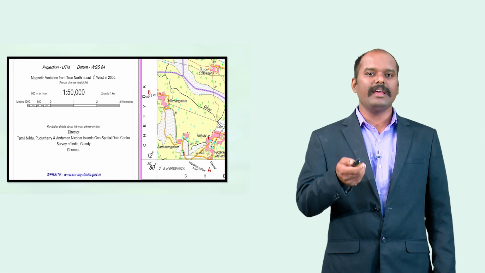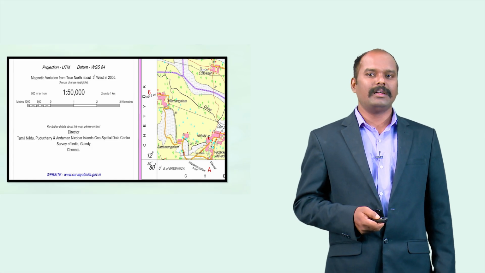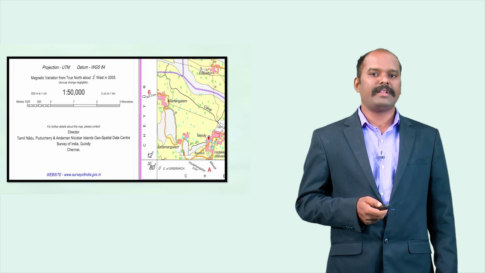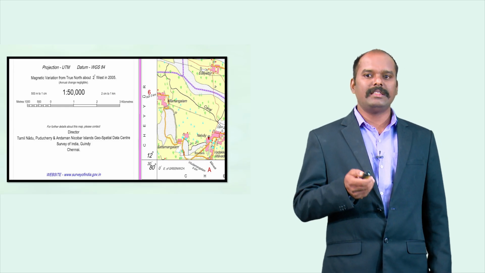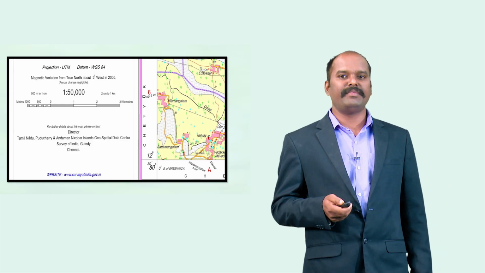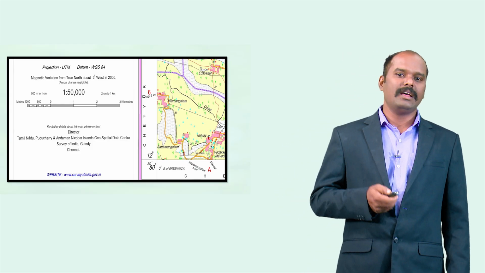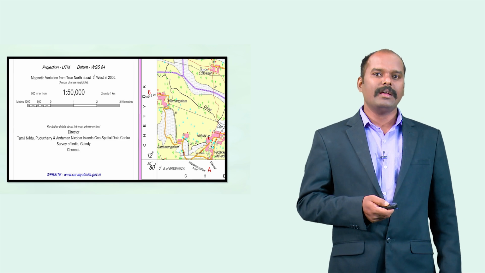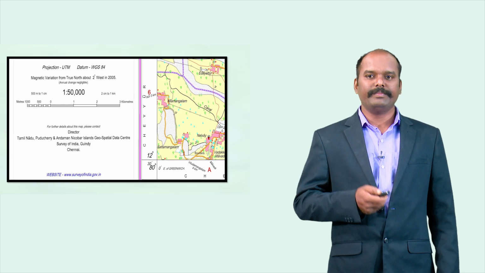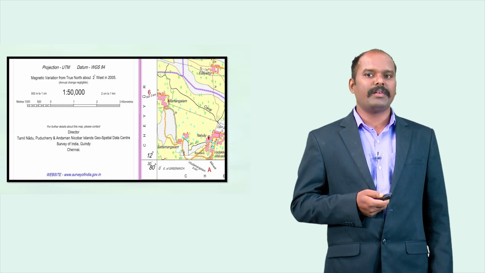Here I want to show you a real-time example for all these three different representative scales. This is a part of a topographic map downloaded from Survey of India. You can download it by registering on that website. Look at the scale mentioned in the topographic maps, Indian topographic maps.